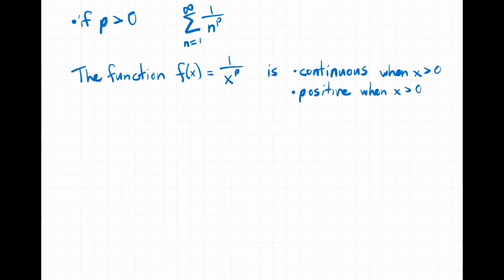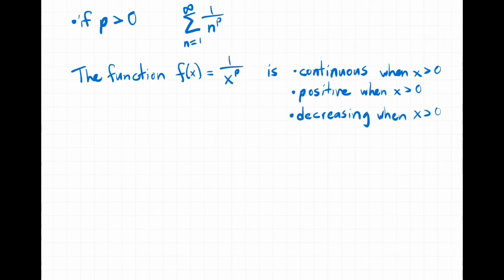And furthermore, as long as that p is positive, that means that the bigger x gets, the bigger your denominator gets. Right? Any positive power of x, the function is going to increase as x increases. But 1 over that denominator, therefore, is going to be getting smaller. So this function is actually always decreasing. As long as that p is positive, this is decreasing when x is greater than 0.